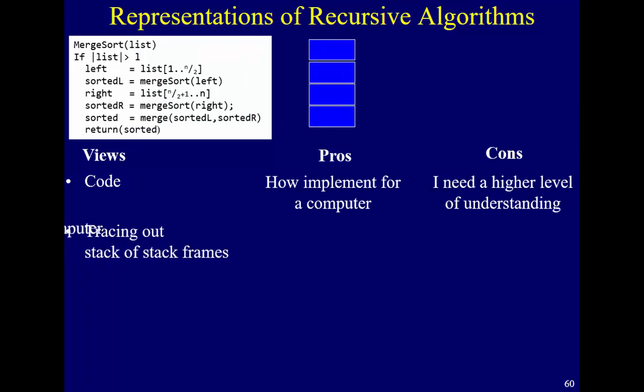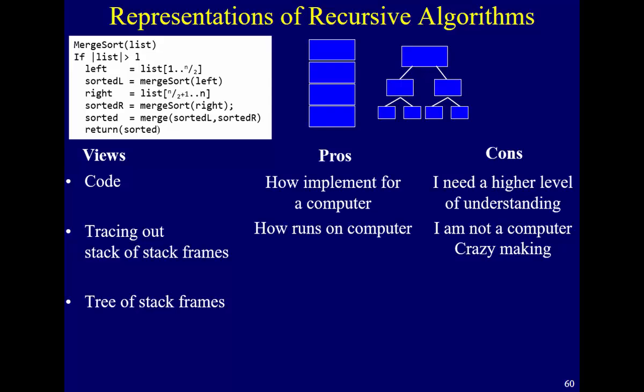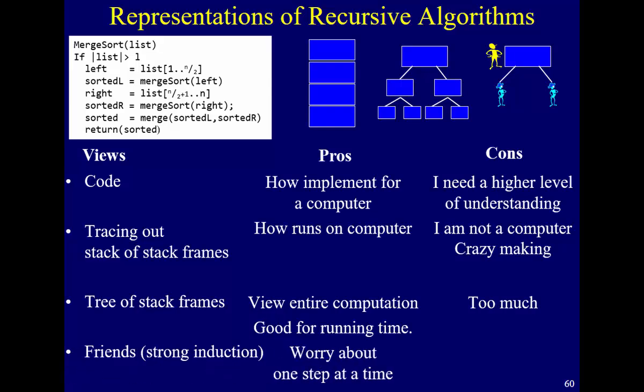And then we had the stack of stack frames, which is actually what the computer's doing, but it'd be crazy making if you try to explain it, right? We've got the tree of stack frames, which views the entire computation. It's good for thinking about the running time, but it's just too much. And then we have our strong induction, which is you worry about one step at a time, and the negative is that you have to trust. Everybody got that?